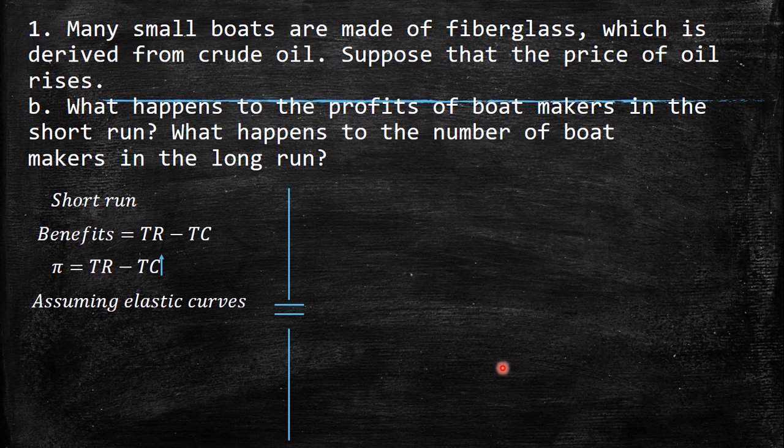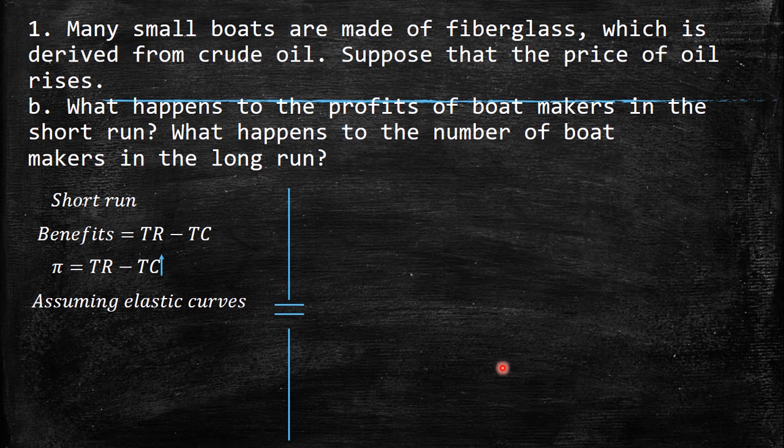Then we are assuming here elastic curves. Why? Because remember elasticity in this concept. When you have an inelastic market, or at least you are in the inelastic part of your curve, when you increase the price, it means that the price is going to vary more than the change of the quantities.